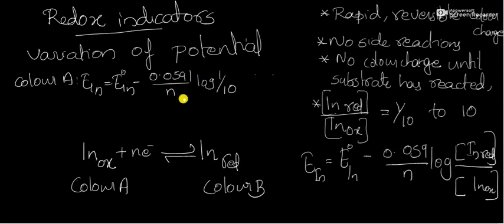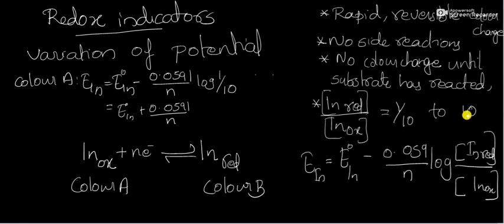That is color A. On substituting, we get E0In plus 0.0591 divided by N. That is color A. Then what is color B?